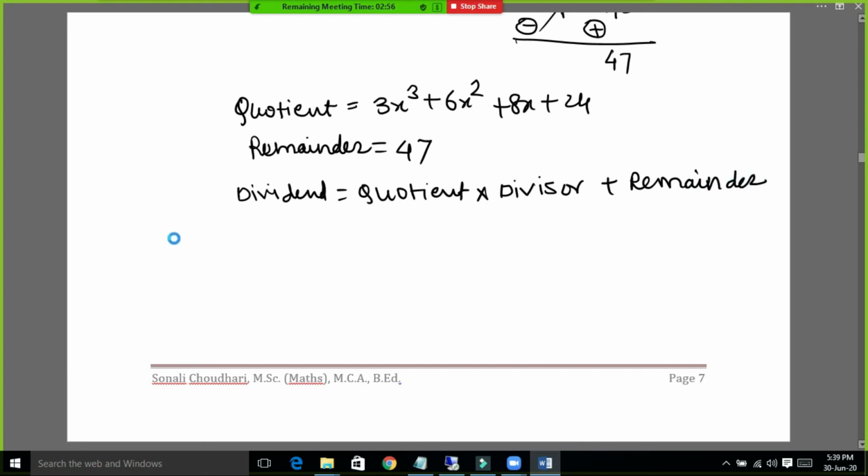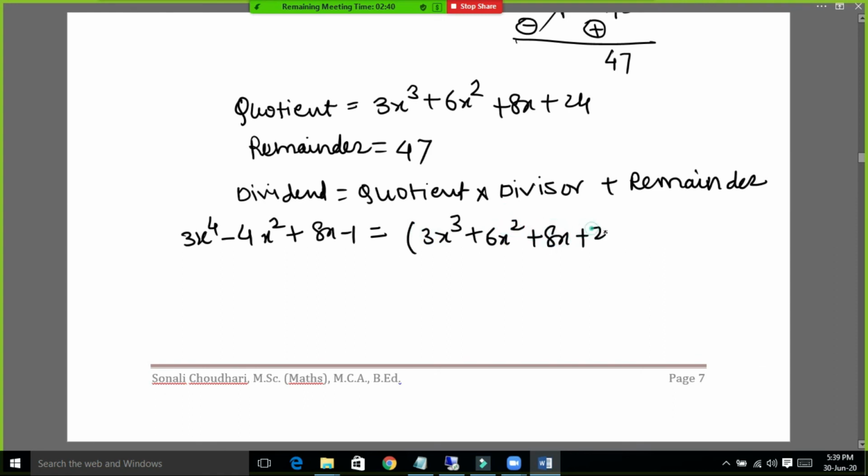So the dividend in this case, 3x to the power 4 minus 4x square plus 8x minus 1, is equal to the quotient 3x cube plus 6x square plus 8x plus 24 multiplied with the divisor x minus 2, plus the remainder 47. So when we solve the right hand side, after solving it, we get the left hand side, that is our dividend. So this is the division algorithm for polynomials.